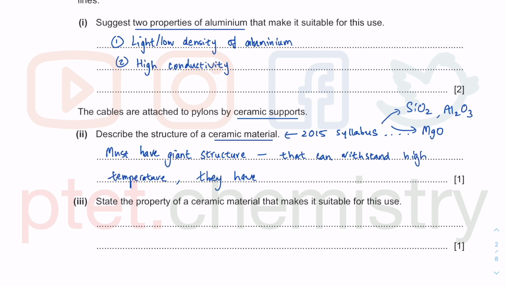I guess that must be the next part of the question, because what makes it suitable for this use is that they don't melt easily. Whereas describing the structure of ceramic materials, so must have giant structure, that's probably the way to get around these two questions here. But just take note that ceramic was already taken out from the syllabus from 2016 onwards.